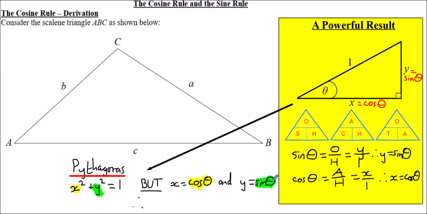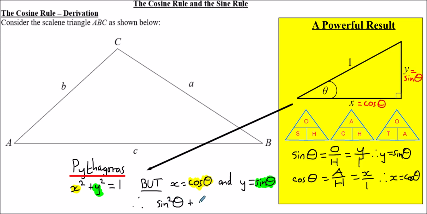In other words, sine theta all squared plus cos theta all squared equals 1, because this is y and that is x. So sine theta all squared we write as sine squared theta. Otherwise, that squared could be confused with theta squared. Sine squared theta means we're taking sine theta and squaring the function.